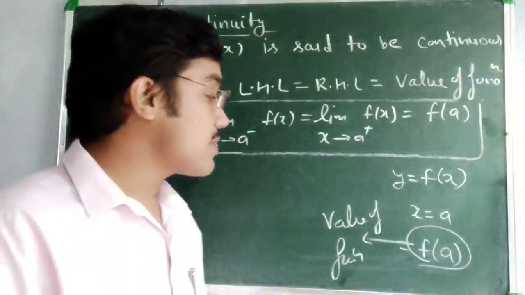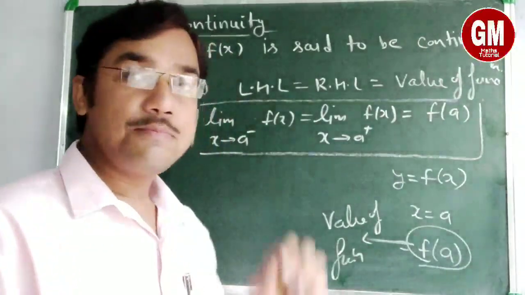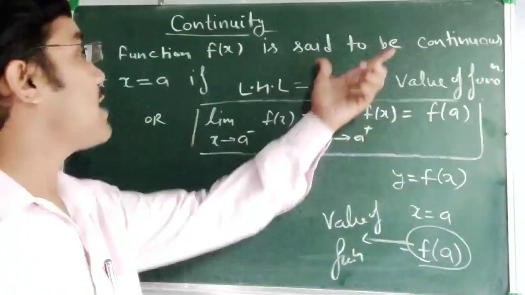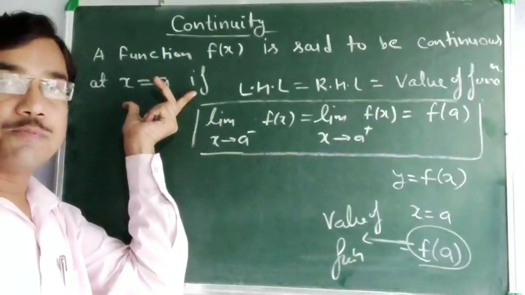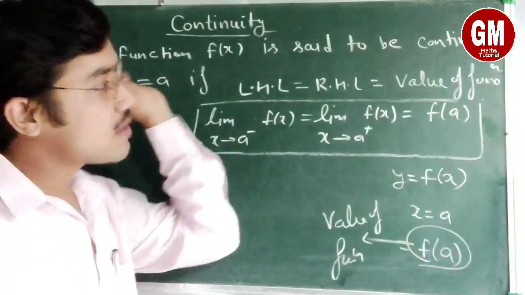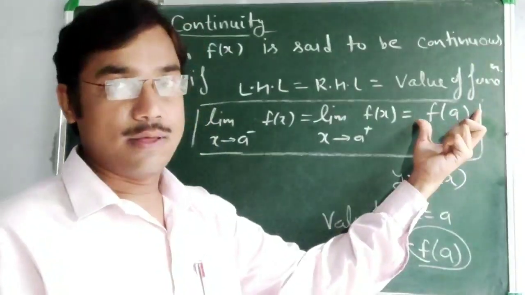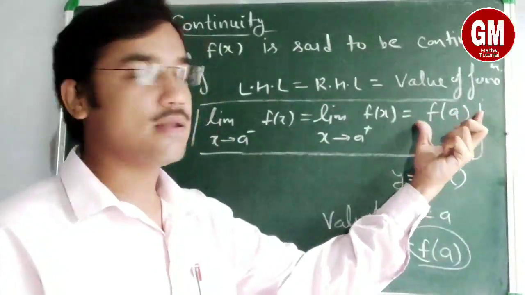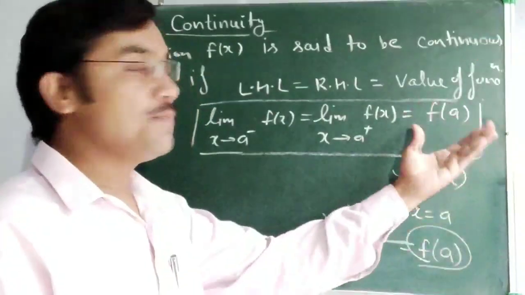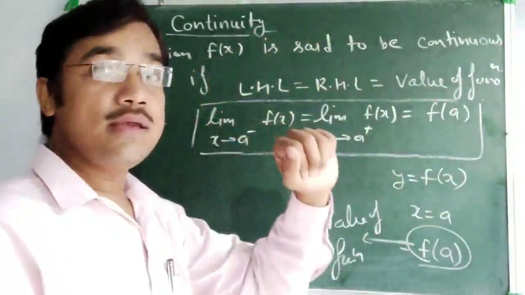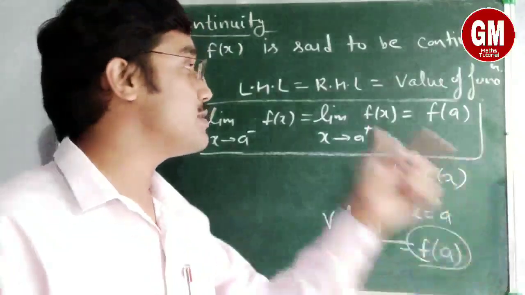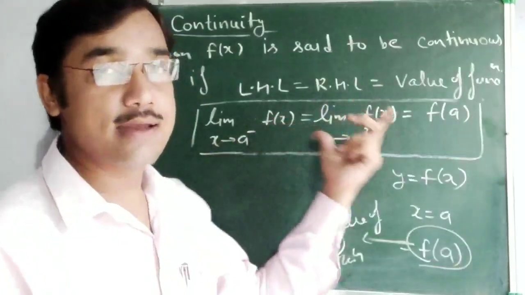To check continuity at a given point, first we substitute the point in the function and get the value of the function. This is one required point for continuity. The second and third required points are the left hand limit and the right hand limit.